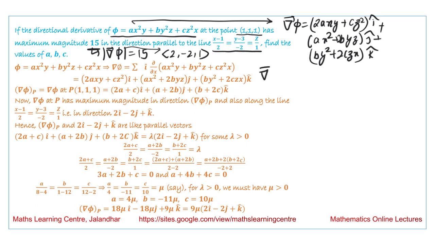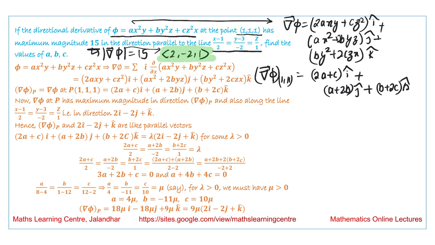Now if we calculate the value of this gradient at the point (1, 1, 1), the answer we obtain is (2a plus c) times i cap plus (a plus 2b) times j cap plus (b plus 2c) times k cap.